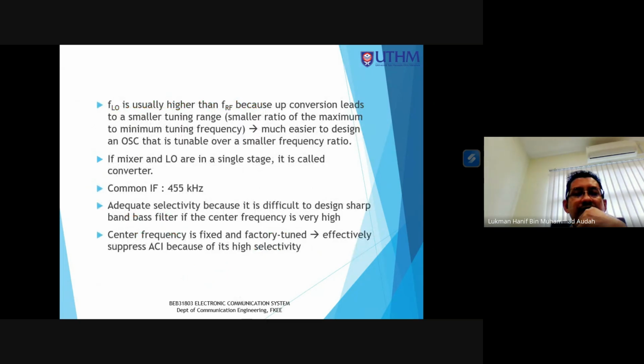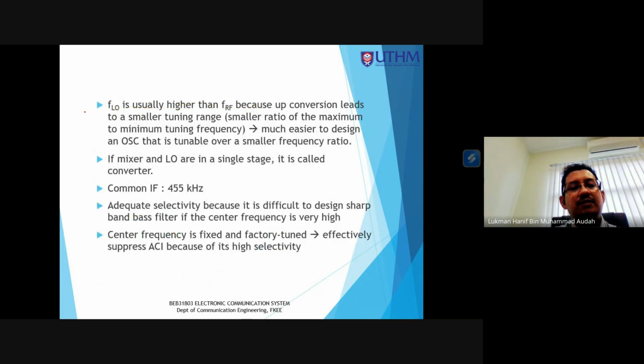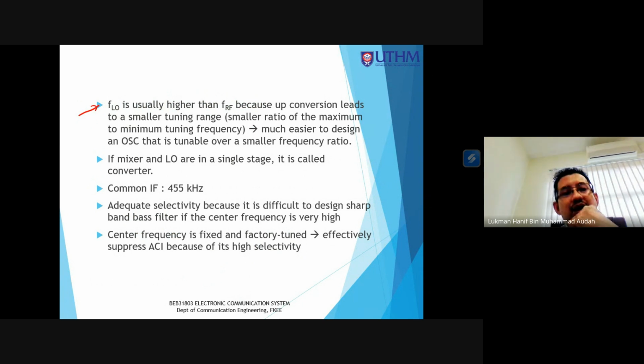It is mentioned here: FLO is usually higher than the input radio frequency because up conversion leads to a smaller tuning range, so it is much easier to design an oscillator that is tunable over a smaller radio frequency ratio. So there are some advantages if we use a FLO larger than FRF.